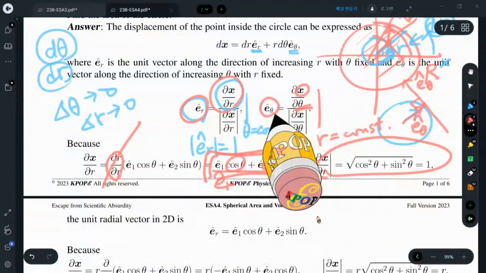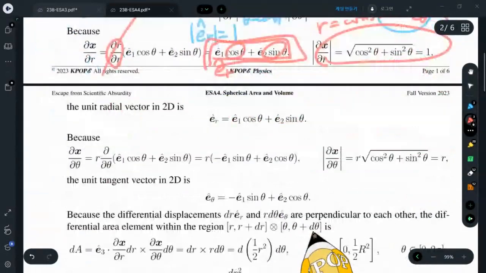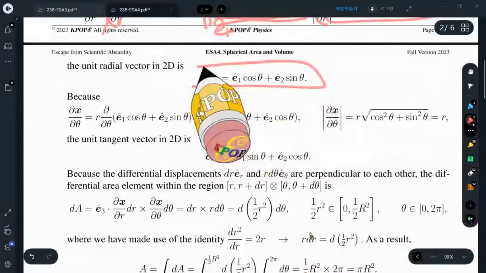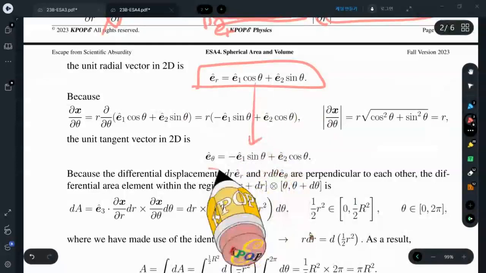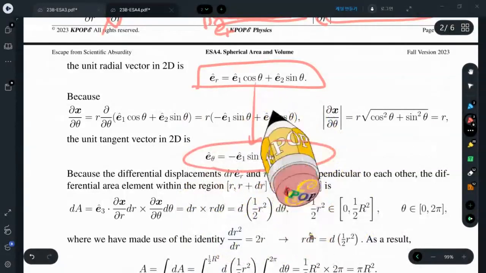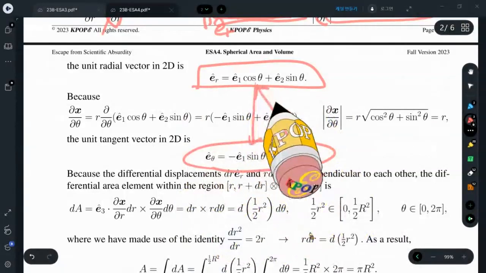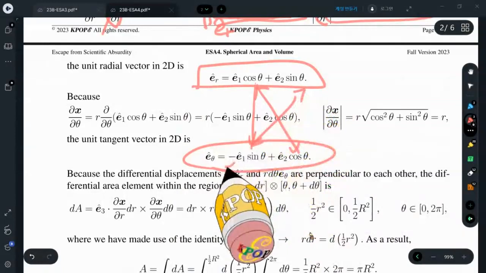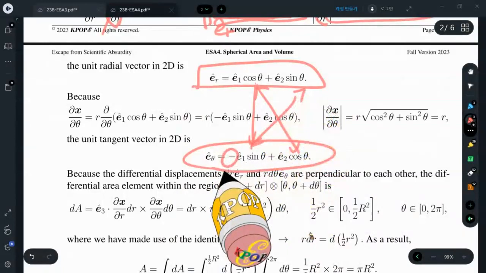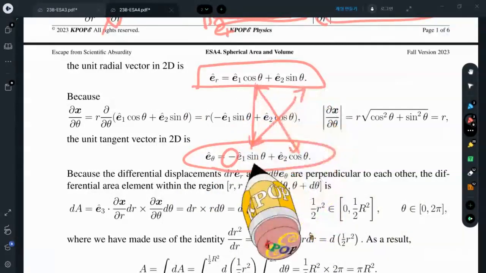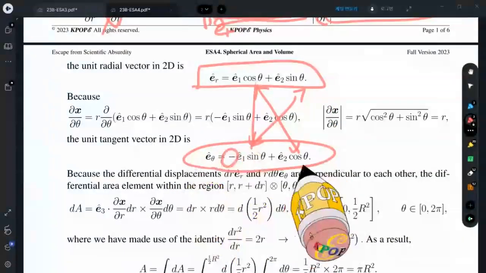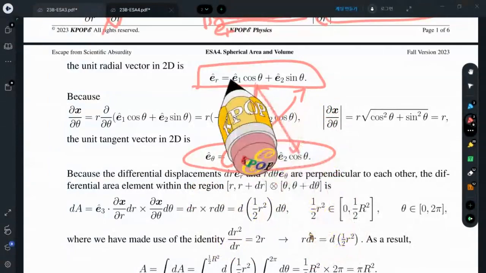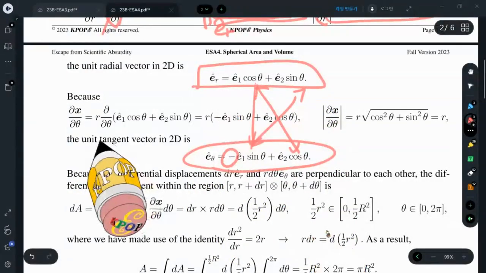And what is the direction? This is the unit radial vector. Finally, you will find these two are perpendicular to each other. These coordinates are exchanged, and a single one has a negative sign. Even a high school student can find this unit vector that is perpendicular to e_r.